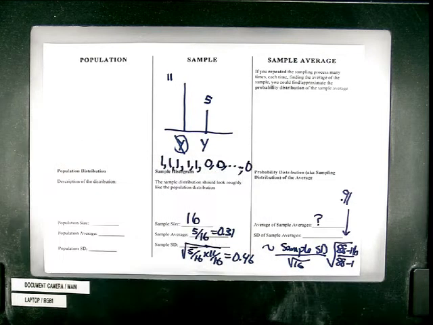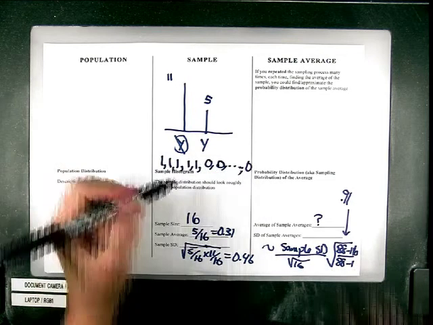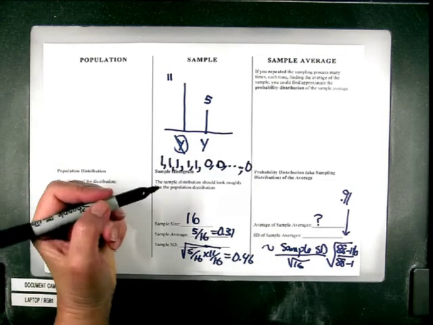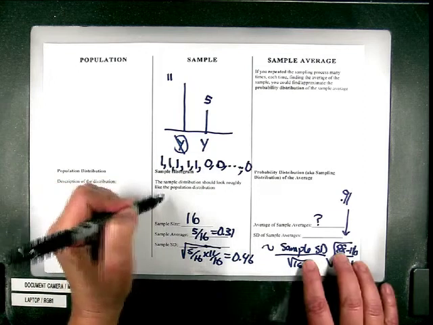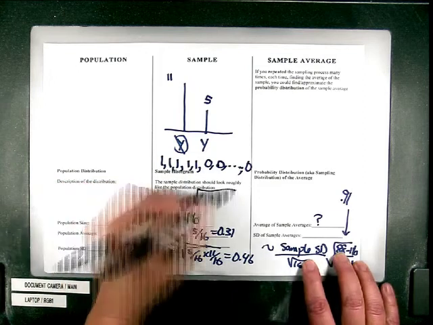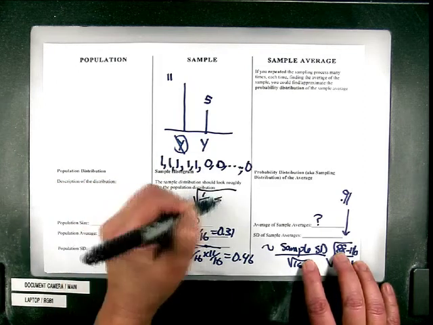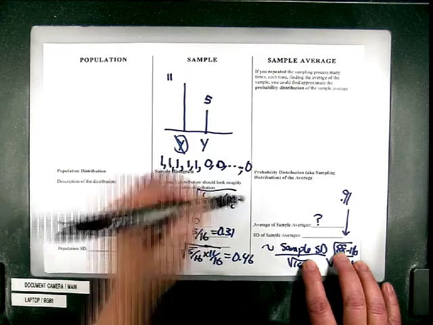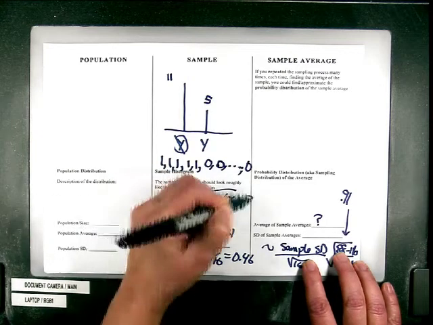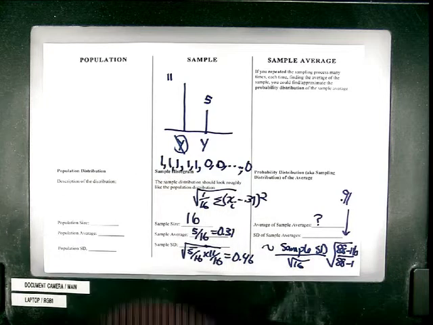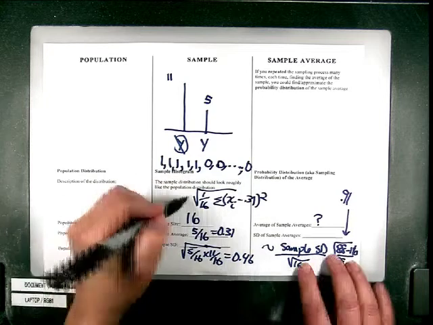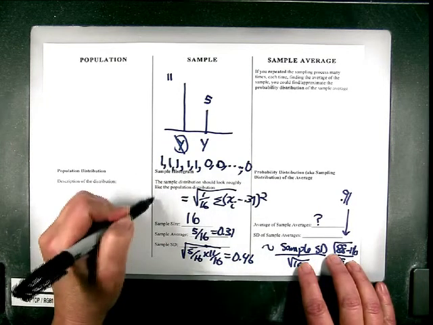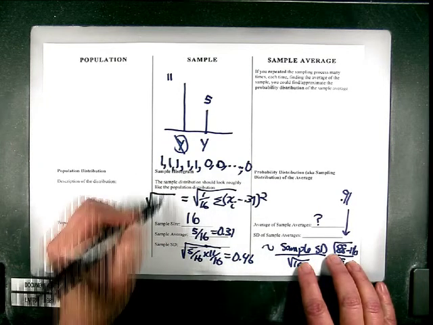And so the SD is the SD of this list of numbers, which would be the square root of 1 over 16, the sum of the individual numbers minus the mean, which is 0.31, squared, which we know in this case reduces to this formula here.